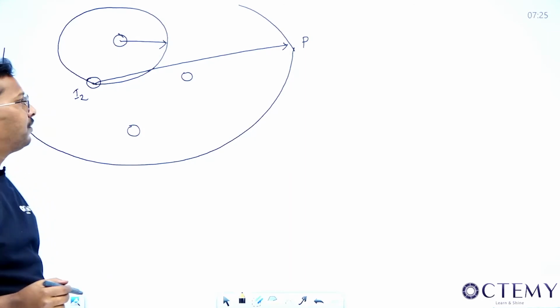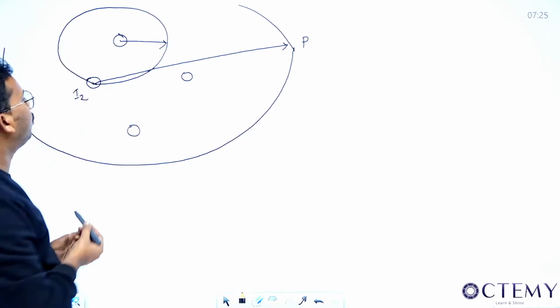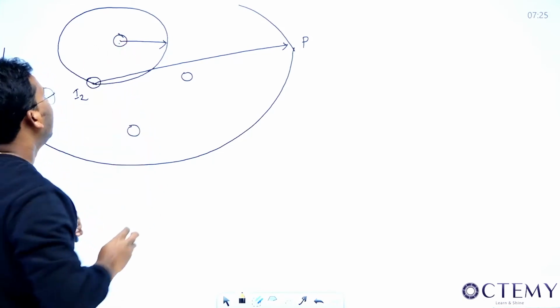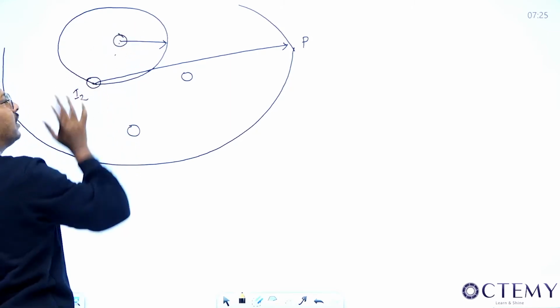Understand this point very carefully, sir. Because of this current I2, I have to find the flux linkage in this area only, right? Because I have to find the flux linkage of the conductor 1 because of the current 2.